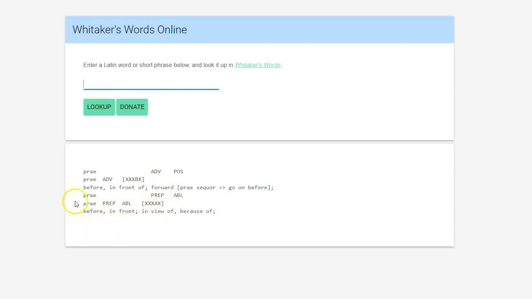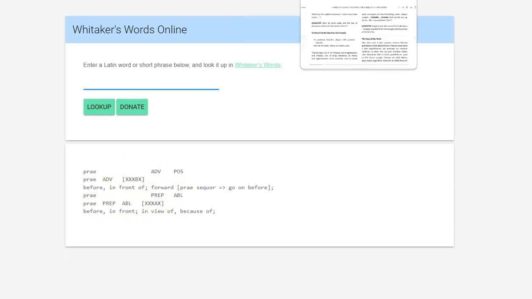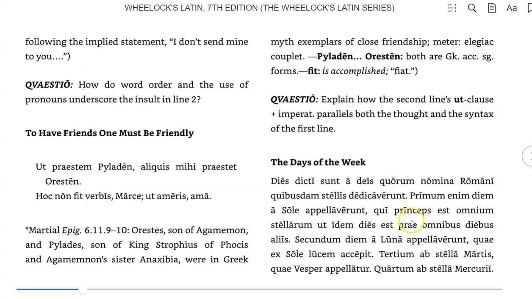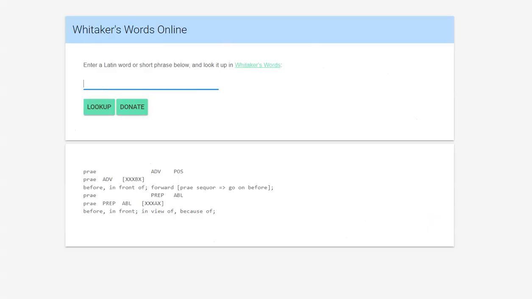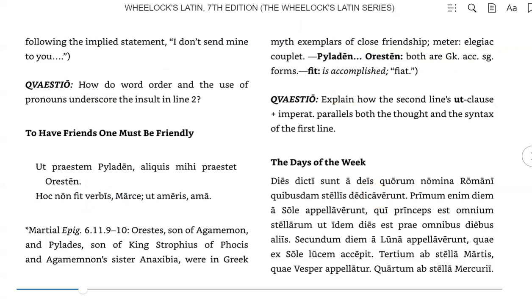And so you have to experiment with different ways to translate that. Here, notice that these are both in the ablative. So if we go back to Whitaker's words, we're going to use this preposition followed by the ablative. And so is the foremost among all the other stars.